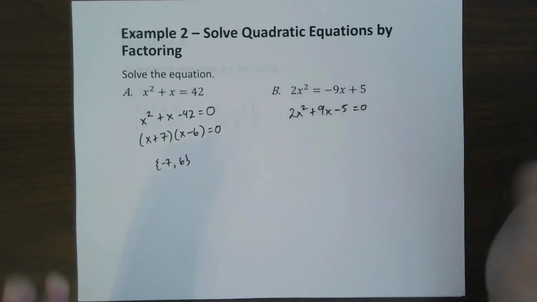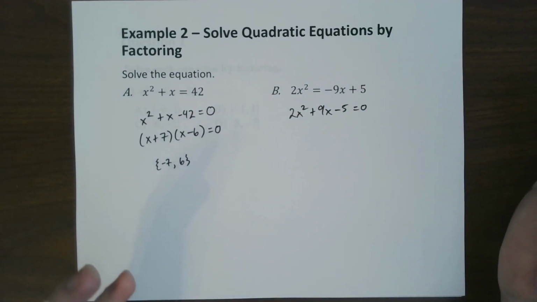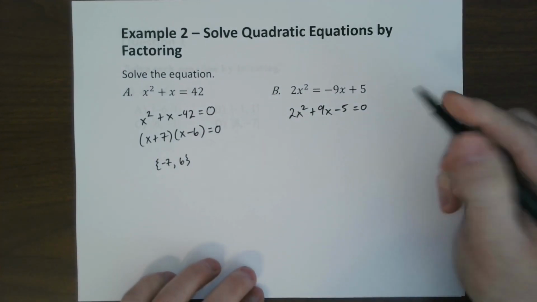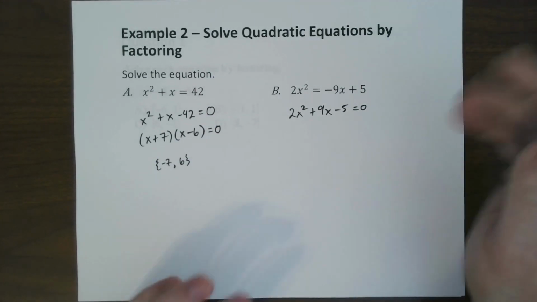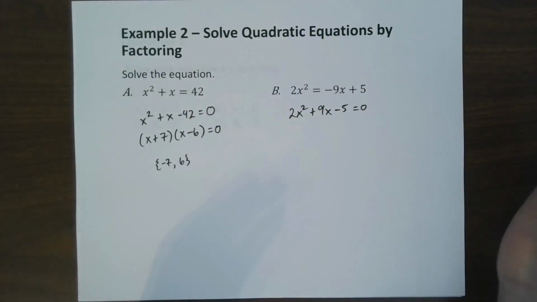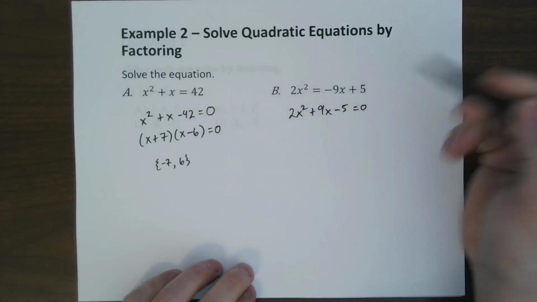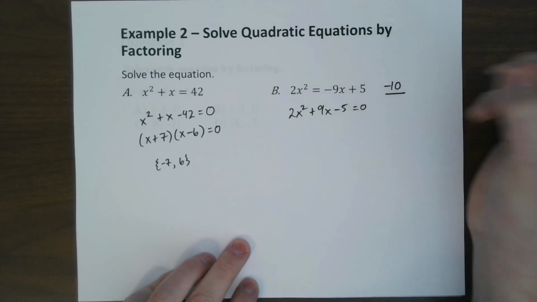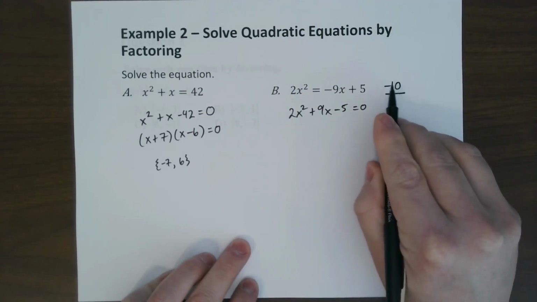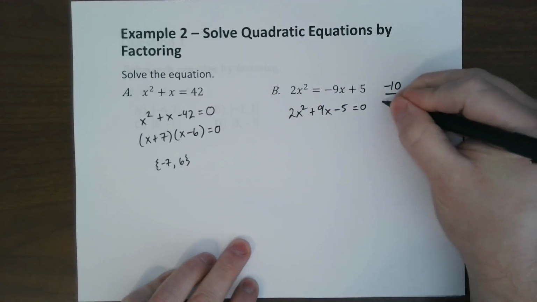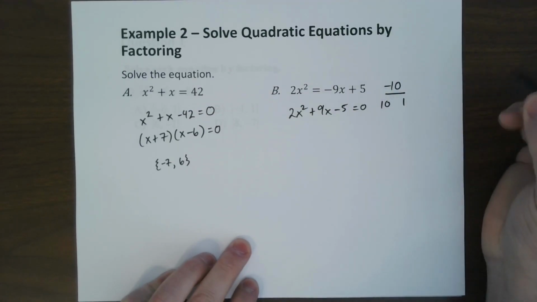And now, because this is a harder factoring problem, which should have been covered in Algebra 1, I'm gonna use a trick for it, a little bit fast way just to do it. You can do it in your head after a while, but anyways, go 2 times -5, which is -10. What two numbers multiply to 10 and subtract to 9? Well, 10 and 1.